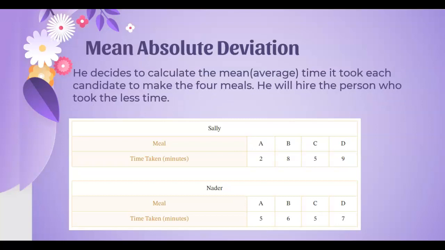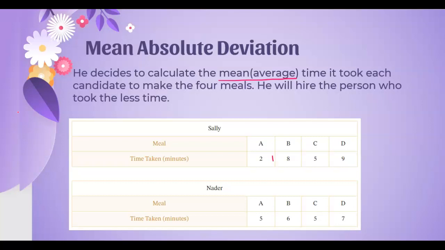He decides to calculate the mean time it took each candidate to make the 4 meals. He will hire the person who took the least time. So we're going to find the mean. We have to calculate the mean for both persons.